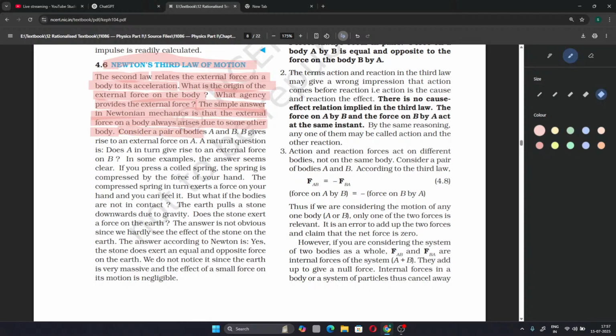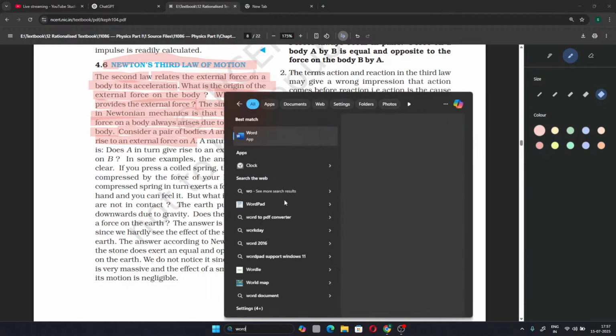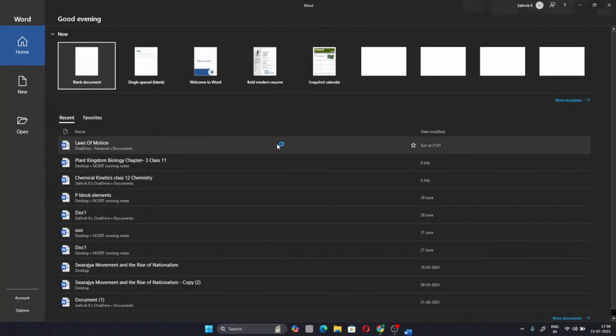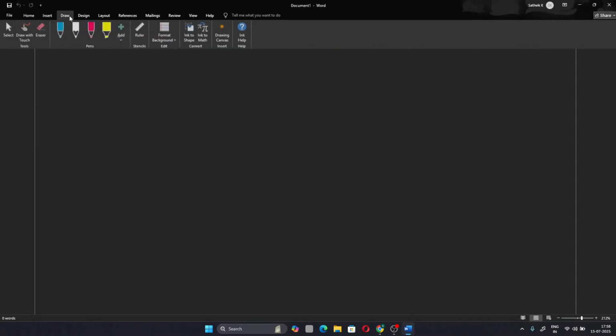Now consider a pair of bodies A and B. B gives rise to an external force on A. Okay, there are two bodies. Let's open up Word here. The chapter is laws of motion of physics.